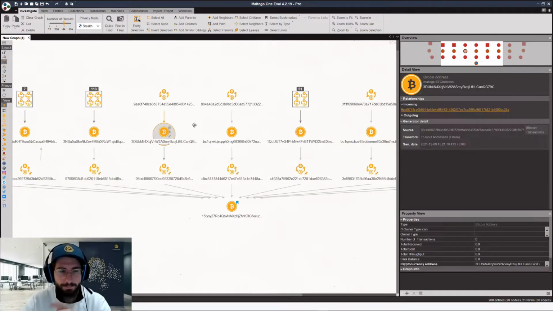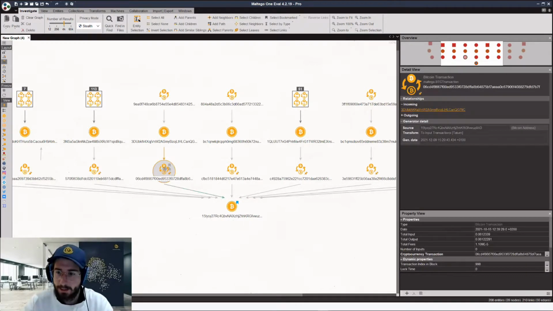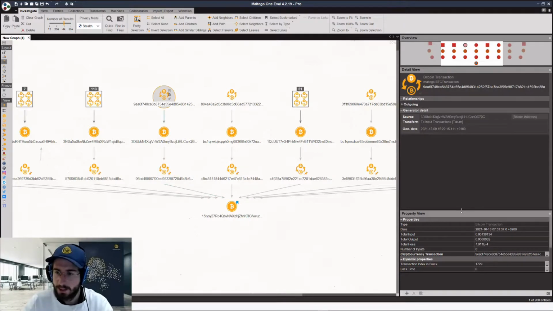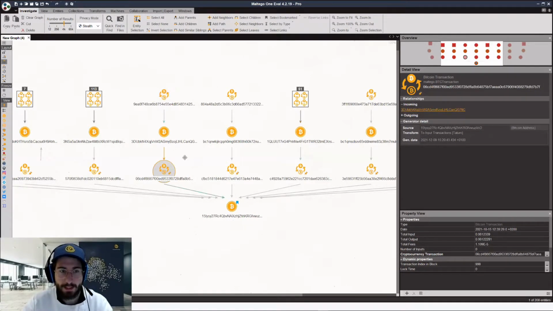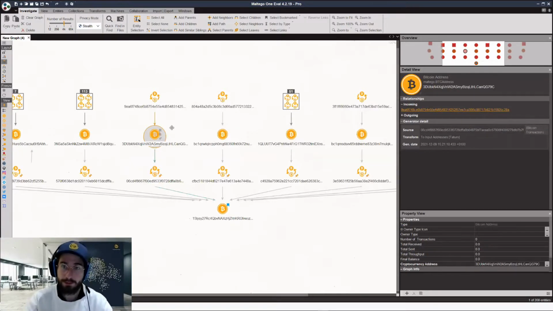For example, this one: only one outgoing transaction, only one incoming transaction. The outgoing transaction was made the 15th of October at 12:39, and here the 13th of October at 07. So what this means is that there is only one incoming transaction to that address and only one outgoing transaction.